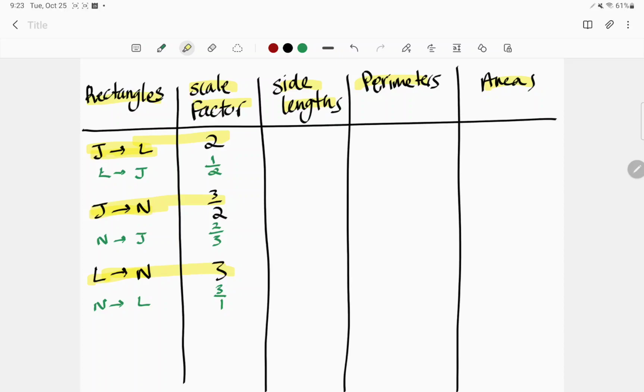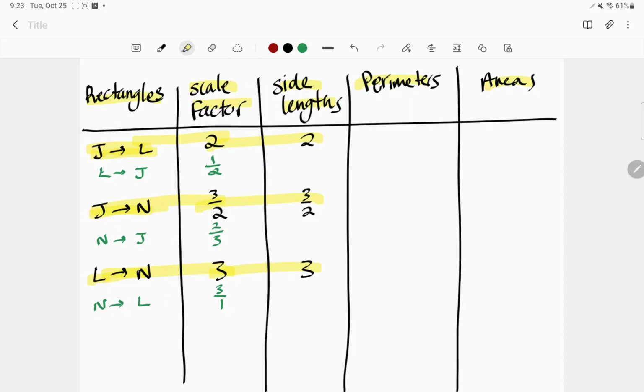That's what you're looking for there. And we should already know that because the scale factor for the side lengths is always going to be the same. So the scale factor for the side lengths is 2, 3/2, and 3 as well. So they're always going to change at the rate at which the scale factor tells it to.